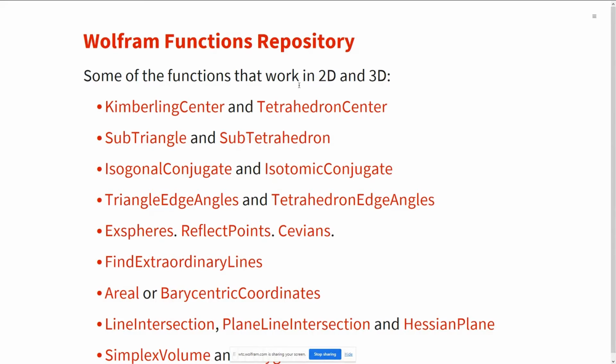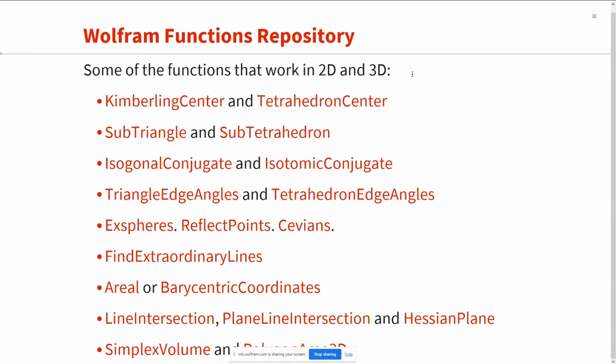So here are some of the functions currently in the function repository that work in multiple dimensional spaces. Kimberling Center: Clark Kimberling runs the Encyclopedia of Triangle Centers, and there are over 54,000 triangle centers defined at the moment.